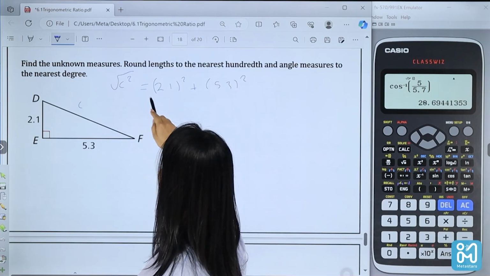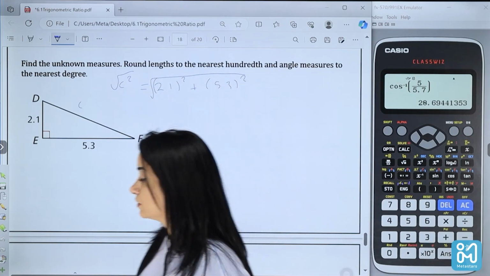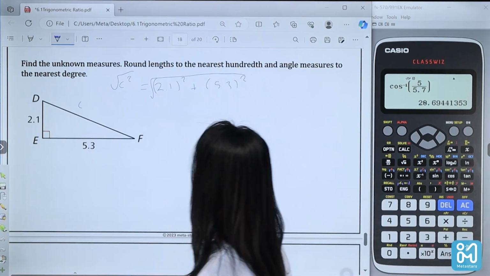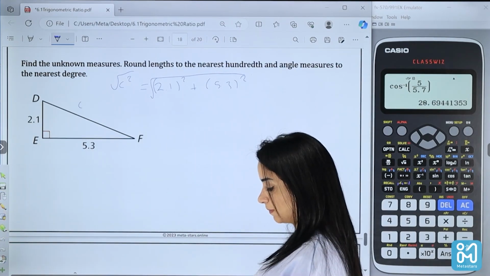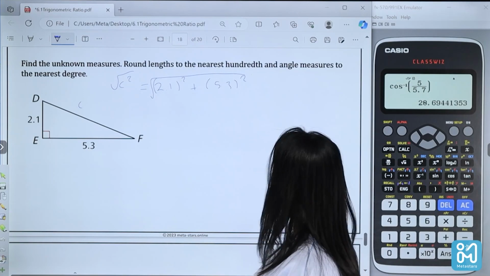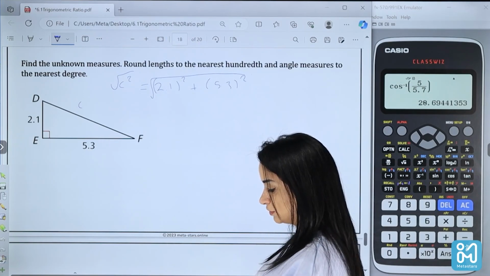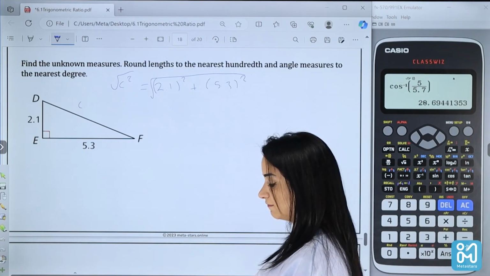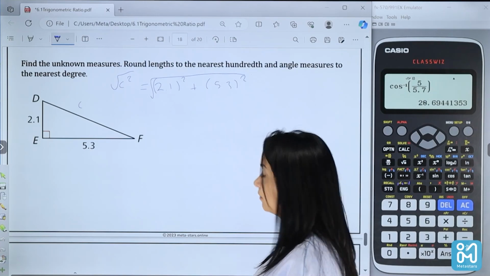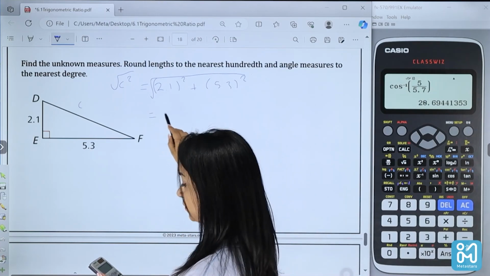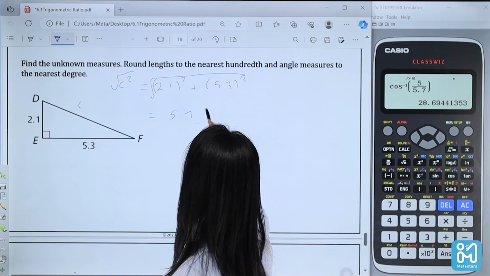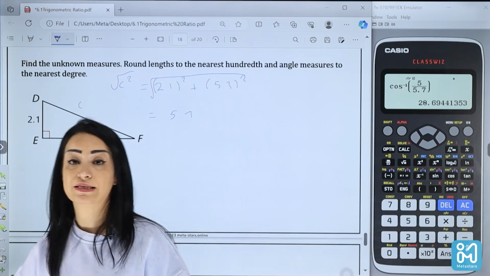So under the square root, to get the final answer, it is equal to 5.7, or we can say approximately 6.